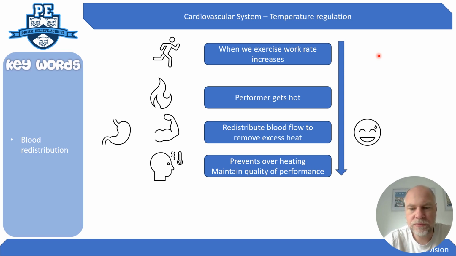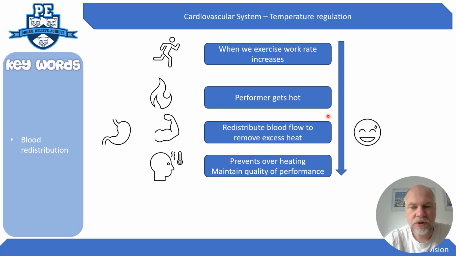So your muscles are moving and they're producing heat as a byproduct of the reactions and the movements. Now, as our work rate increases, our body gets hotter, and it's not rocket science. Everybody knows that we heat up when we start moving around and exercising.